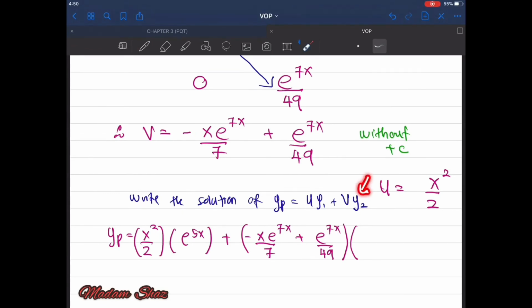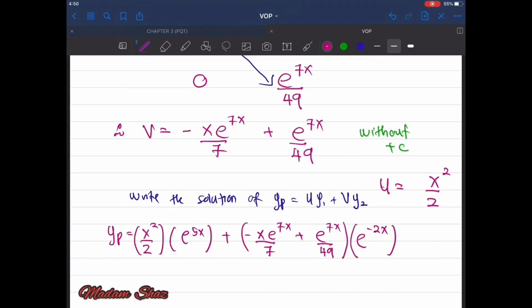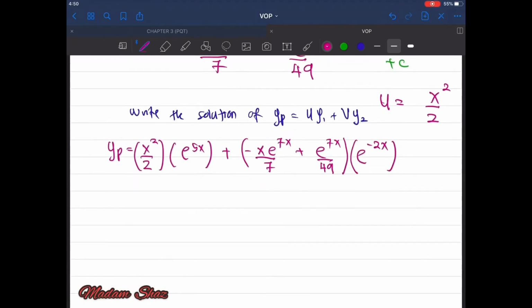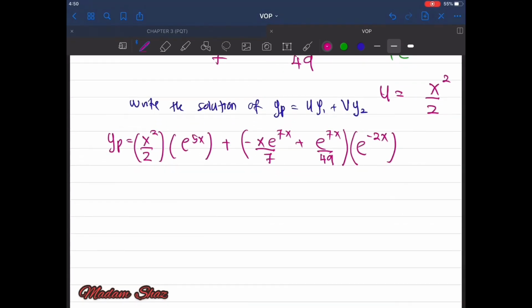So refer back what is our y2, which is exponent negative 2x. So now we have to simplify all the exponential terms. So x square multiply with the exponent, there is nothing that we can simplify more. So this one will become x square exponent 5x over 2 plus x exponent 7x multiply exponent negative 2x.